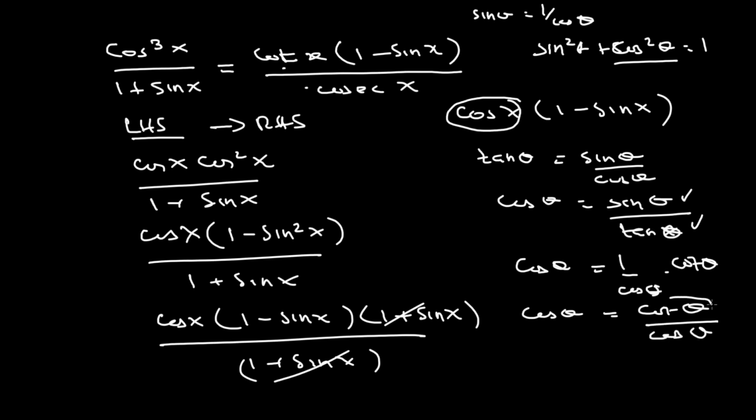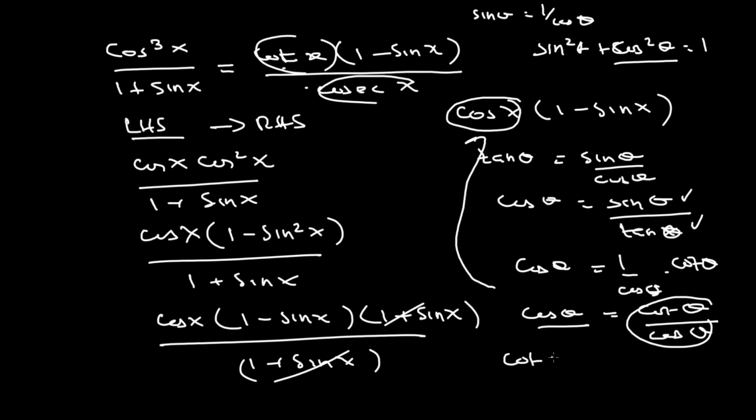Now you will see that this is actually the same as this and that. So now we can get this and introduce into that function. So we'll have cot theta or cos x over cosec x, then 1 minus sine x. So the identity is the same now.